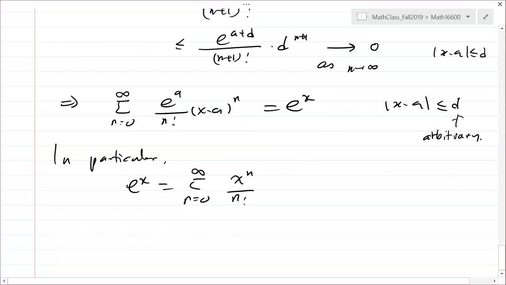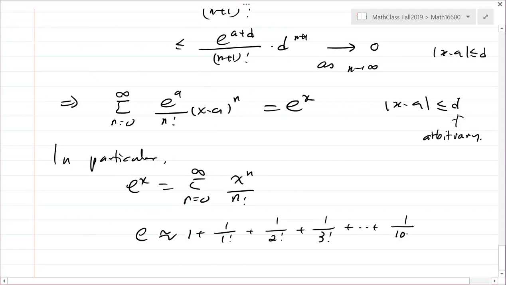So how do we estimate the number e? We just choose a finite number n. In particular, e is almost equal to 1 plus, when x equals 1, 1 over 1 factorial, 1 over 2 factorial, 1 over 3 factorial, and you can choose as many as you like.